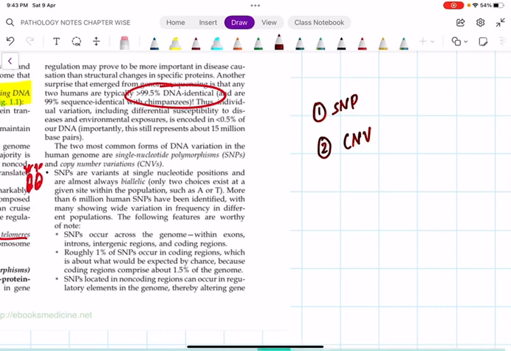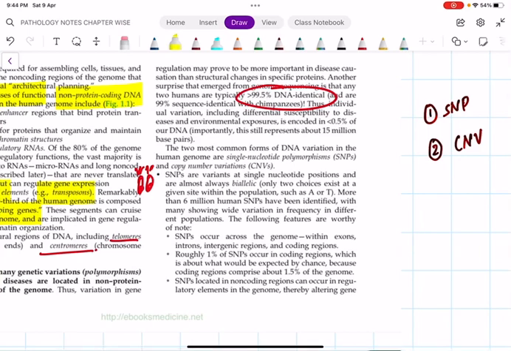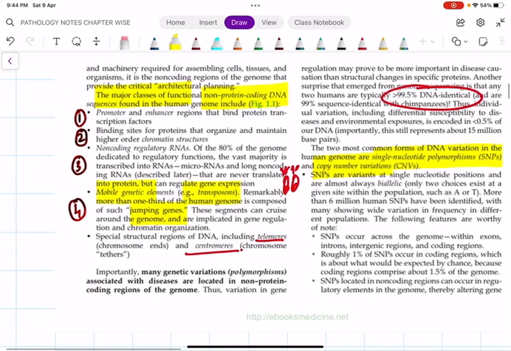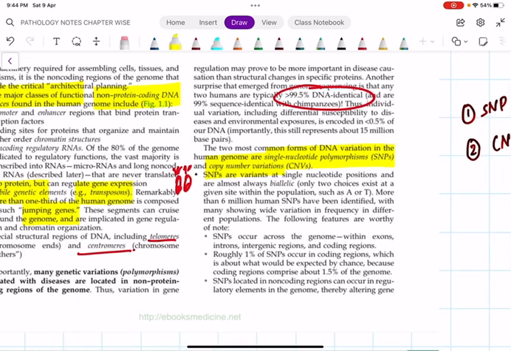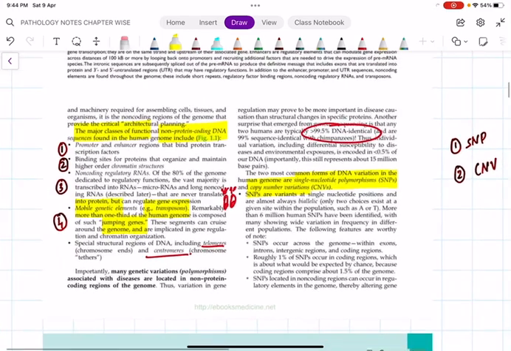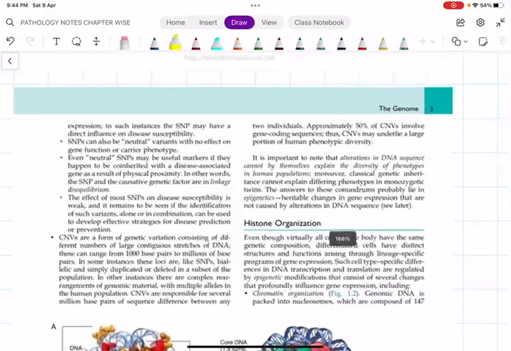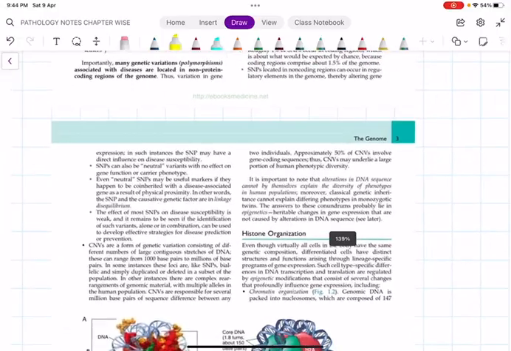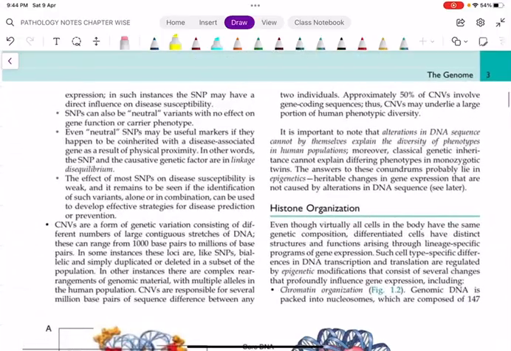Again, very important. And the other is CNV, copy number variation. Remember, these are the two common types of DNA variations present in the human genome. I hope it is very clear for you. Just these 2 points are essential for you. And then another important point.